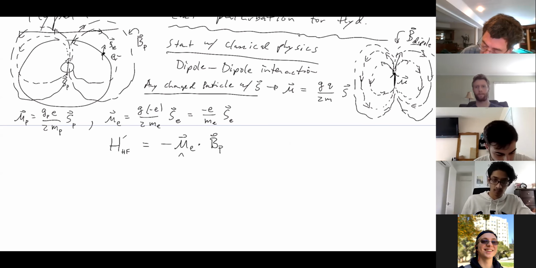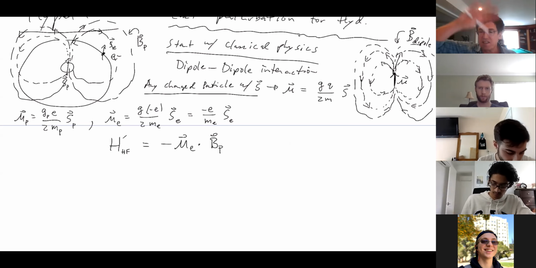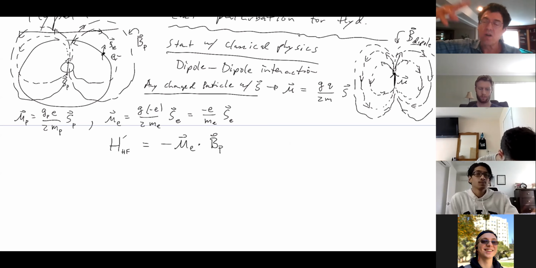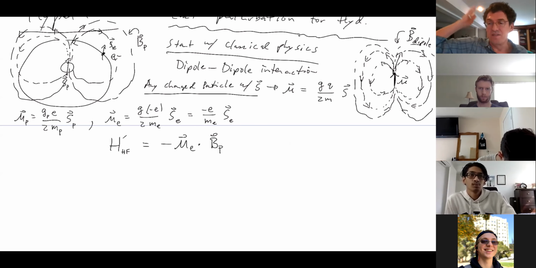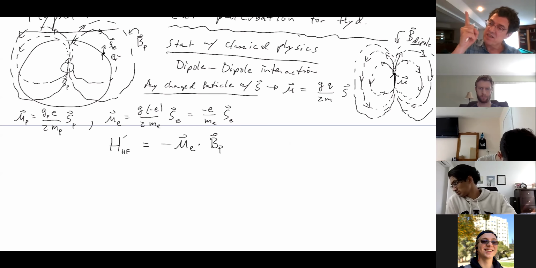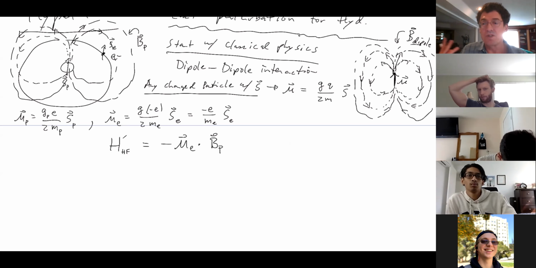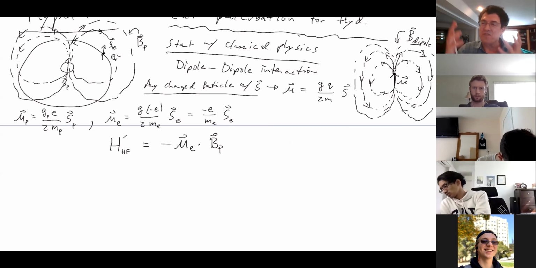That's the energy of interaction, because the electron is moving around. You think of the electron as being in that cloud, in its orbital, whatever orbital it is living in, and that electron in that orbital has a spin, and that spin samples the magnetic field of the proton, because the proton is fixed. It's not moving. The proton is fixed in our approximation. We always fix the proton because it has such a high mass.